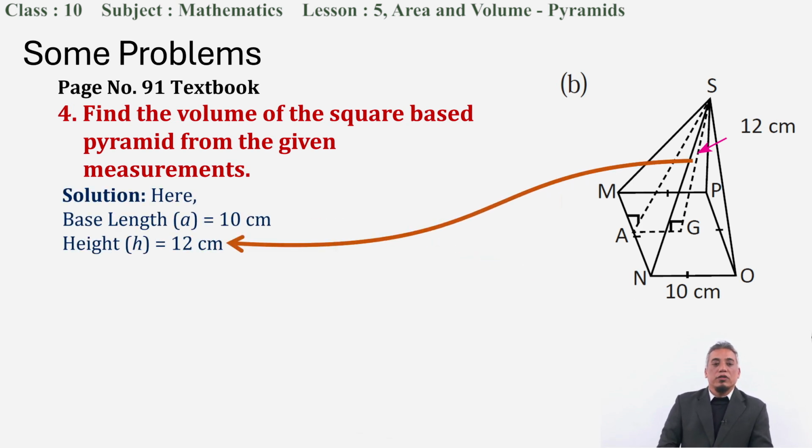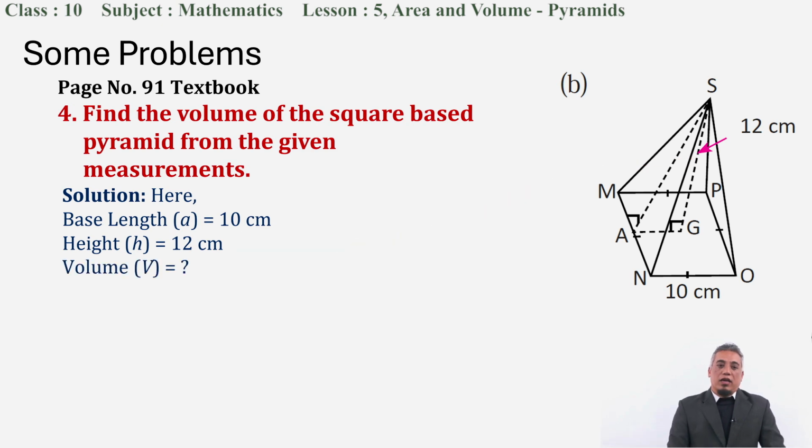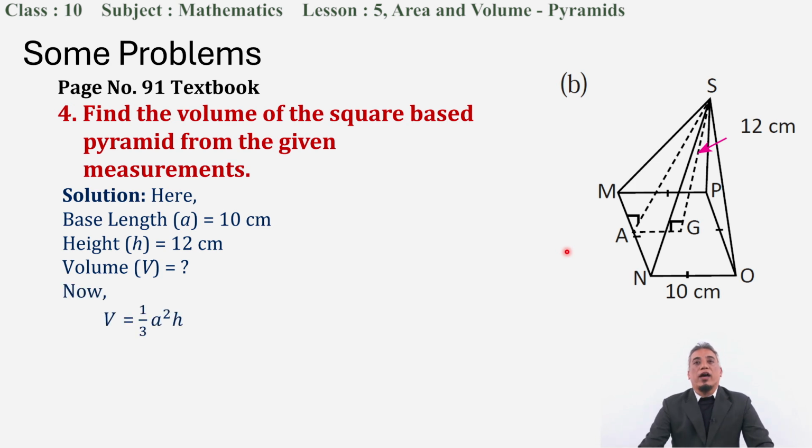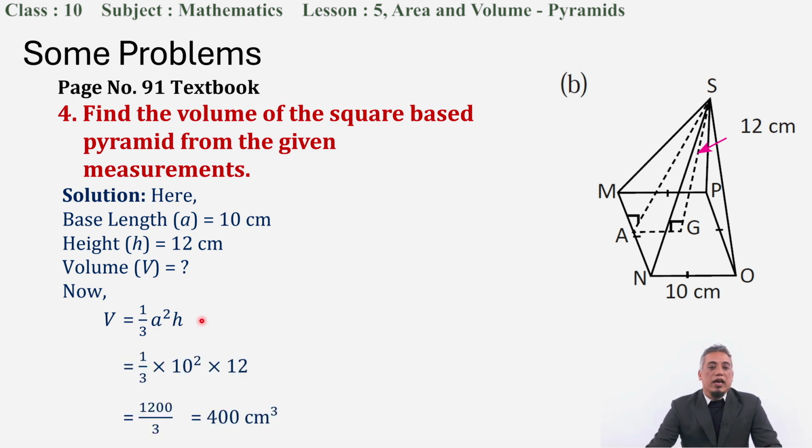So we copy down both base length and height, as 10 centimeter is base length and 12 centimeter is height. Now we have to find the volume of the pyramid. And now we can apply this formula directly here because A and H both are known. That's why V equals 1/3 of A square H.